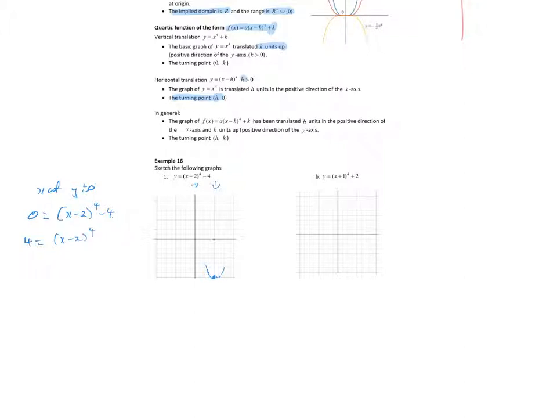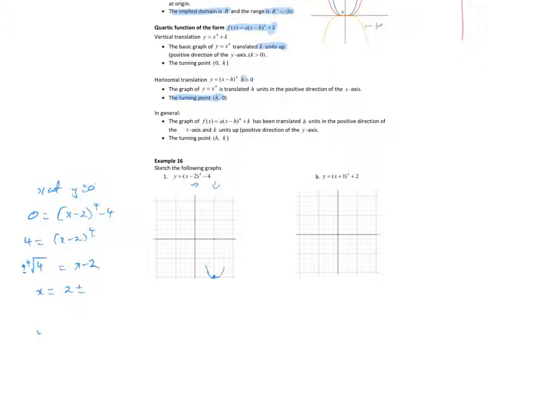Now this time we'll take the 4th root, and because we're taking an even root, it's plus or minus the 4th root of 4 is equal to x minus 2. Take the 2 across, so x is equal to 2 plus or minus the 4th root of 4.